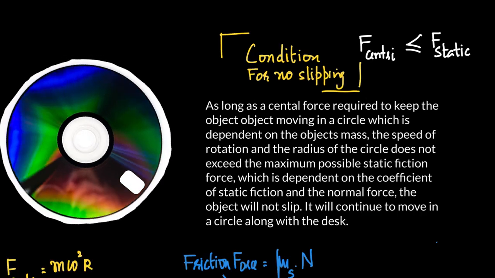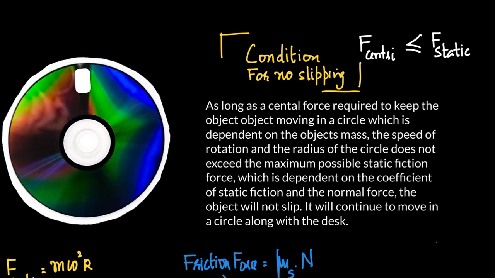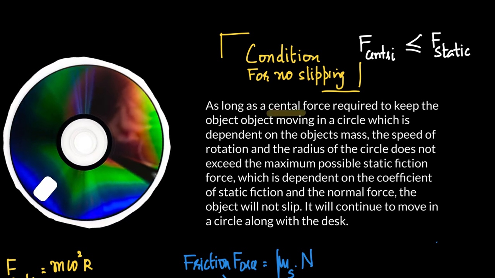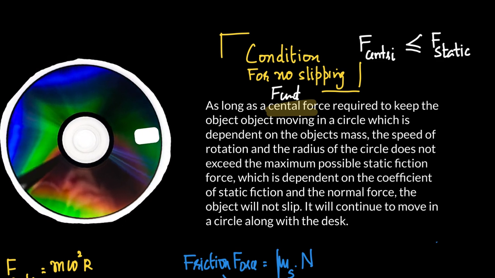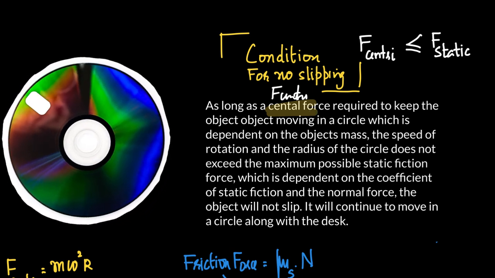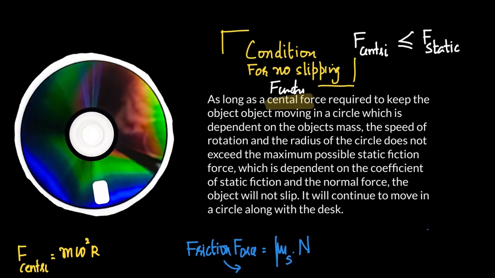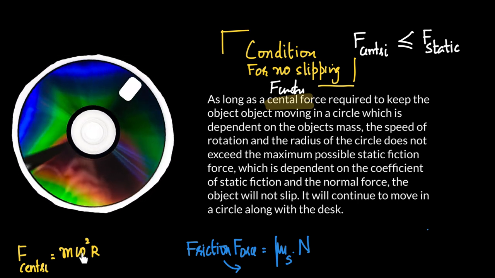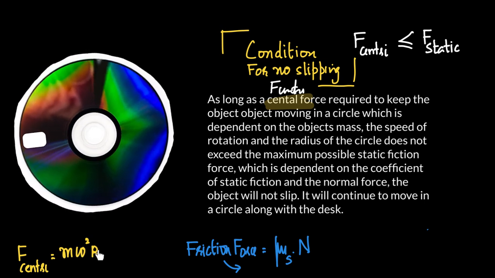Okay, now let us understand the case of slipping. As long as a centripetal force is required to keep the object moving in a circle, this centripetal force, which is F centripetal, m omega square r, is dependent on the mass, the speed of rotation omega, and the radius of the circle r.